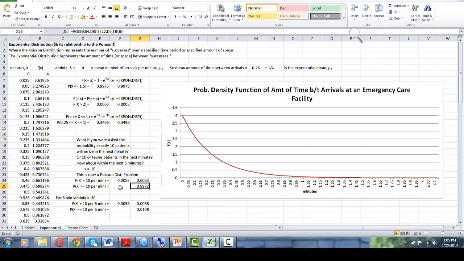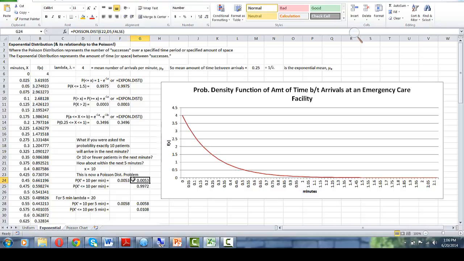If I wanted to do it with my formulas myself, I would have to do this for 0 up through 10 and add them up together. So I'm cheating here and using the Poisson statement, and in this case said true for the cumulative. Here, because it's discrete, when I say false, I get the actual probability.